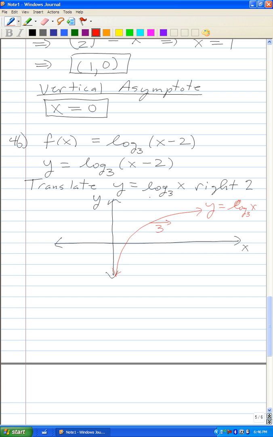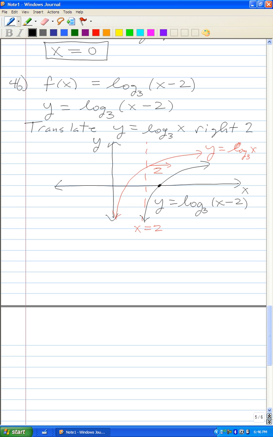Actually, let me move the axis over. So let's say this is x equals 2, not 3, 2. Move it over 2. So this is the graph of y equals log base 3 of x minus 2. So let's figure out what the asymptote is. I already know what it is.